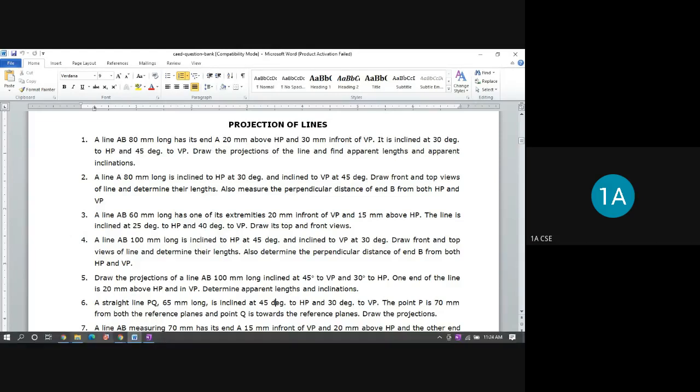Whatever data is given, we write it down here. A line AB is 80 mm long.